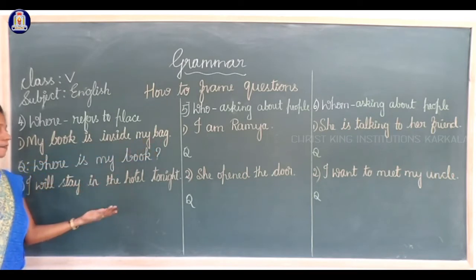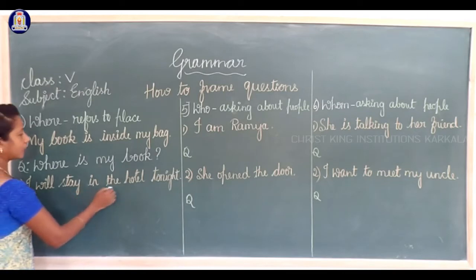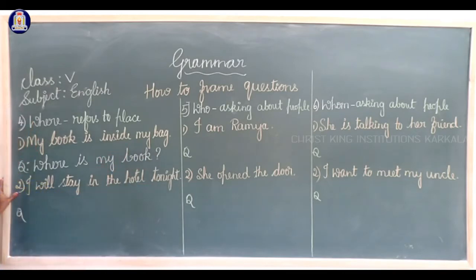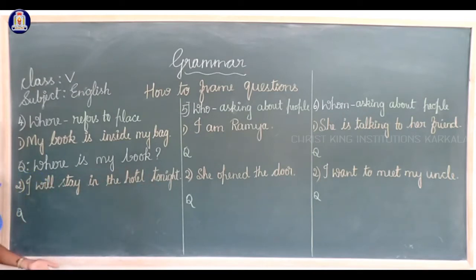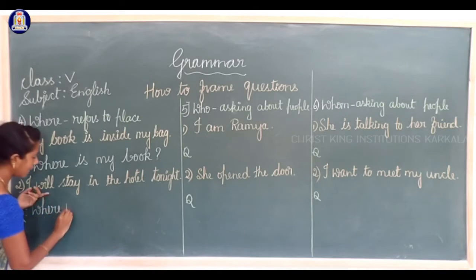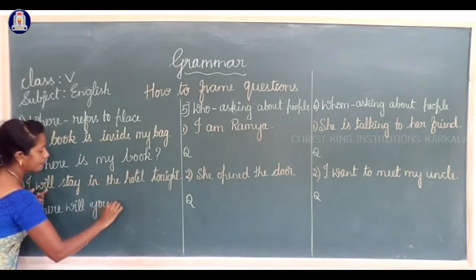So you have answered. The second one here, I will stay in the hotel tonight. How are you going to write the question here? So where, yes, where will you stay?